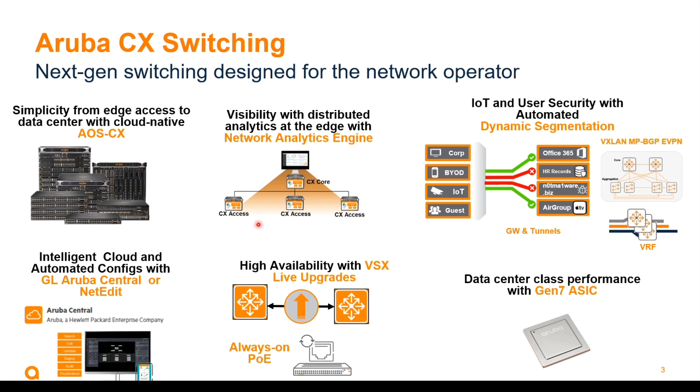Then we have Network Analytics Engine that delivers visibility with distributed analytics at the edge on every switch that supports it. And then we talk about higher availability, and we have something called virtual switching extension, which provides a high resilience chassis, including live upgrades in the core and data center.